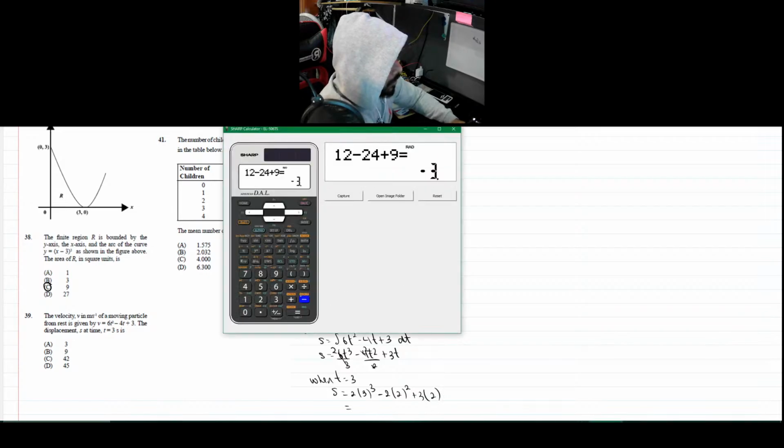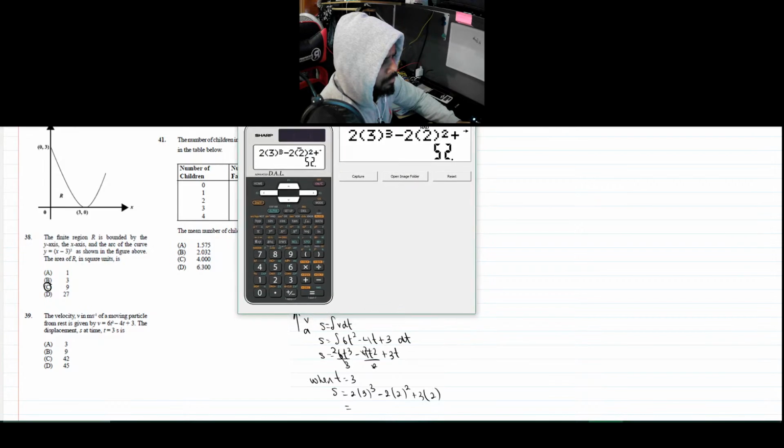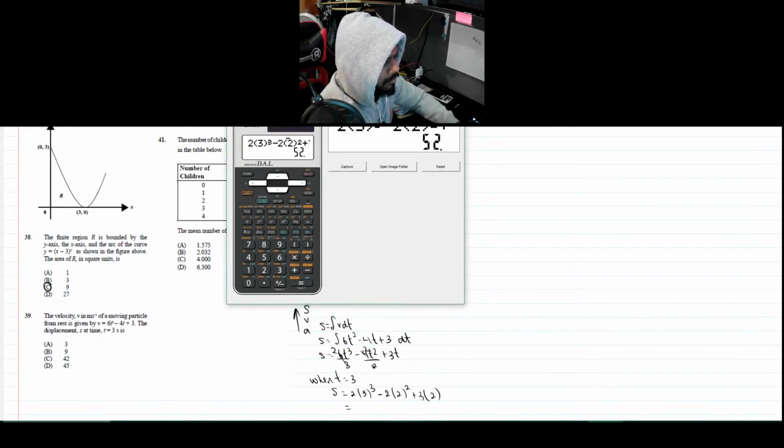I like to use my calculator. 2 into 3 cubed minus 2 into 2 squared plus 3 into 2, 52.